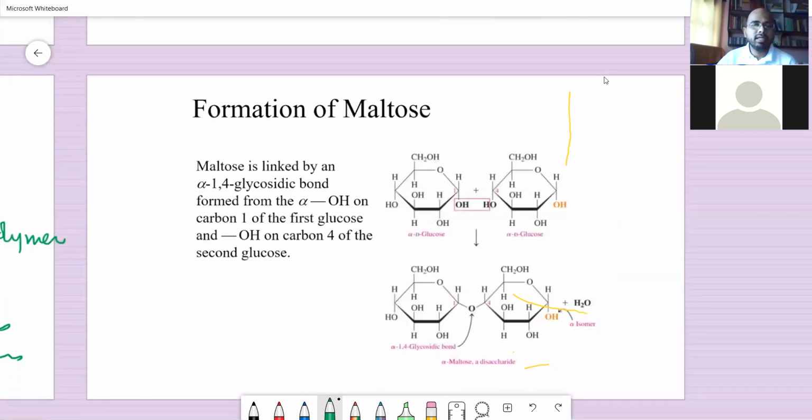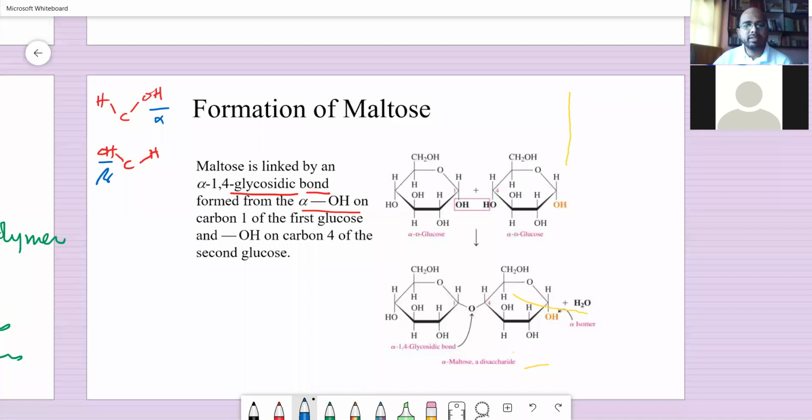Maltose is linked by an alpha 1,4 glycosidic bond formed with the alpha OH. If the OH comes on the right, it is alpha. If the OH is on the left, it is beta.